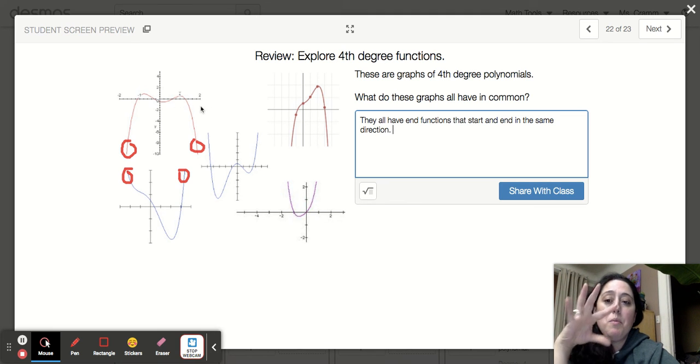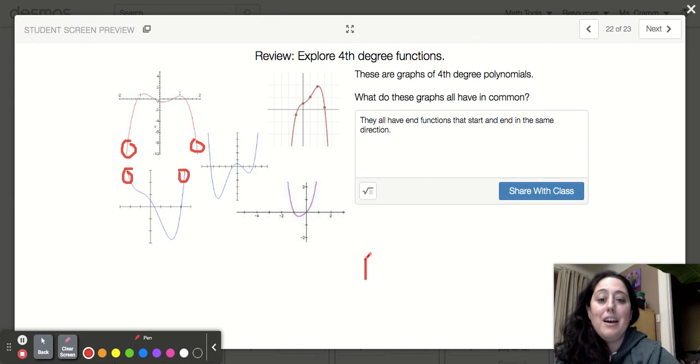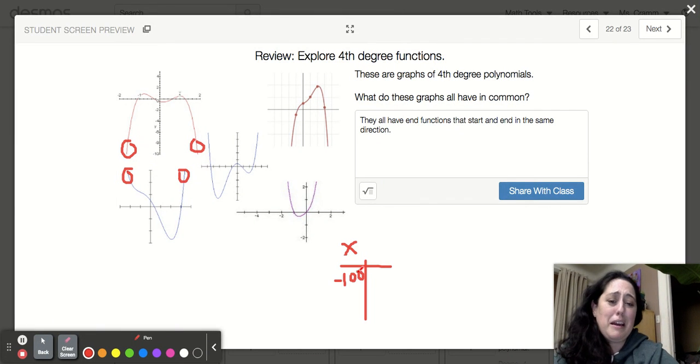The wording that was used in the last one is like, as x gets greater and greater negative. You could always make a table and say, all right, at negative 100, just a really big negative x number, if I'm going this way, my y value is really, really negative.